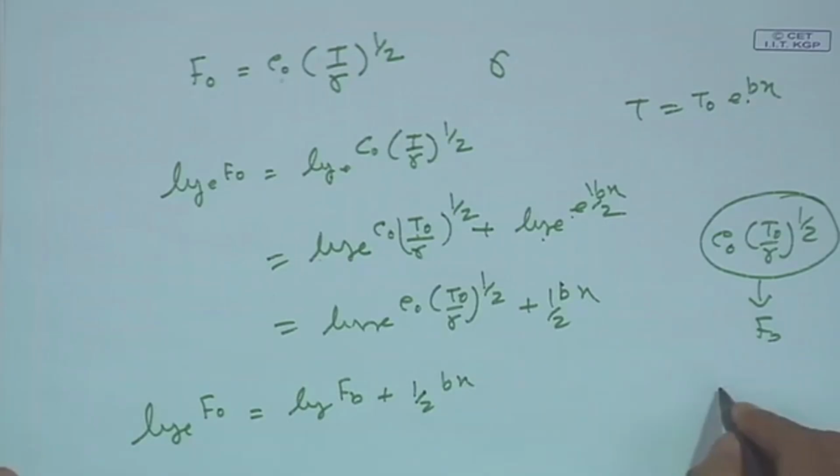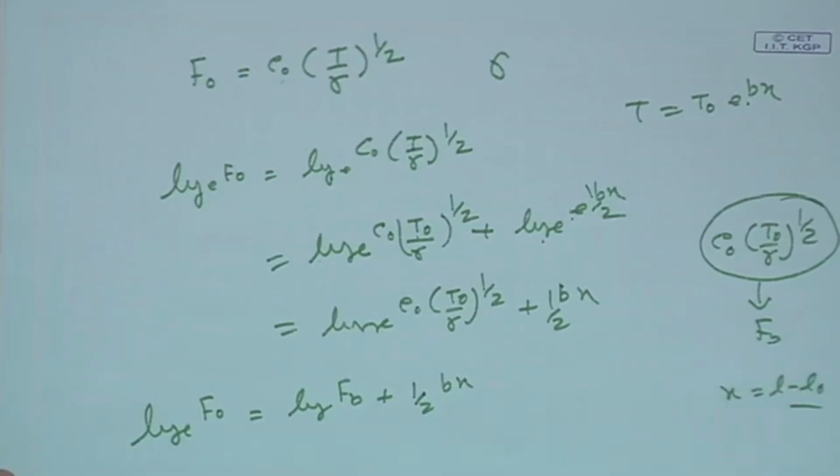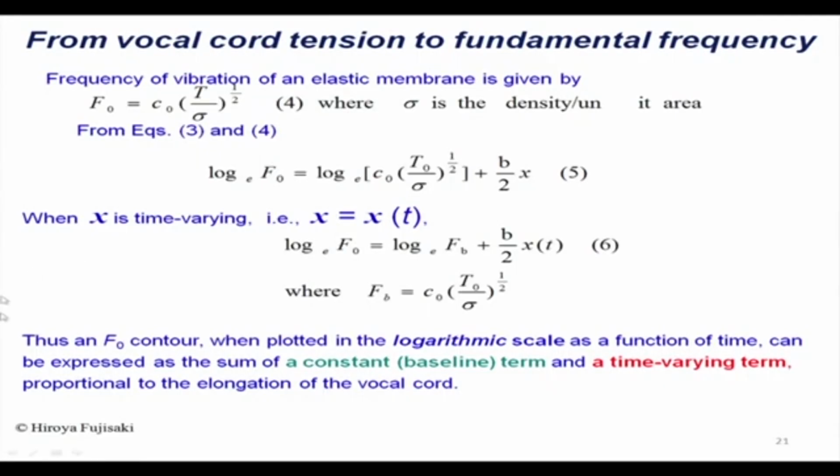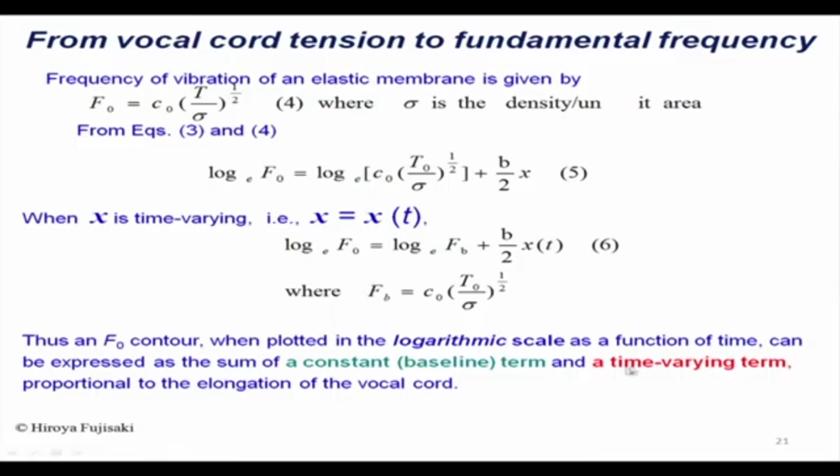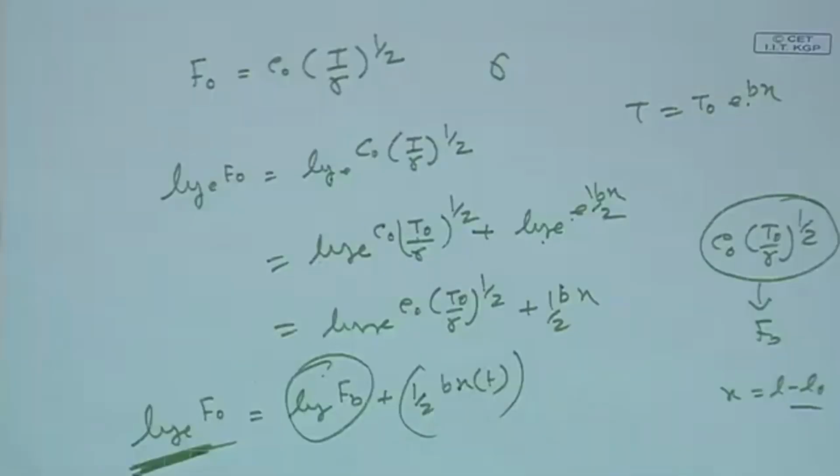Now x is nothing but L minus L0. If it is half of bx, and x is time dependent, I can write it as x(t). So the F0 contour, or log F0 contour when plotted on a logarithmic scale as a function of time, can be expressed as the sum of a constant baseline and a time varying term.